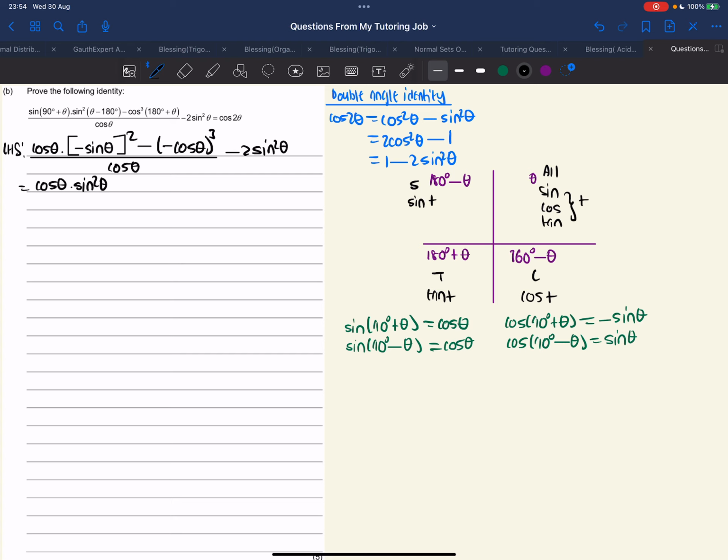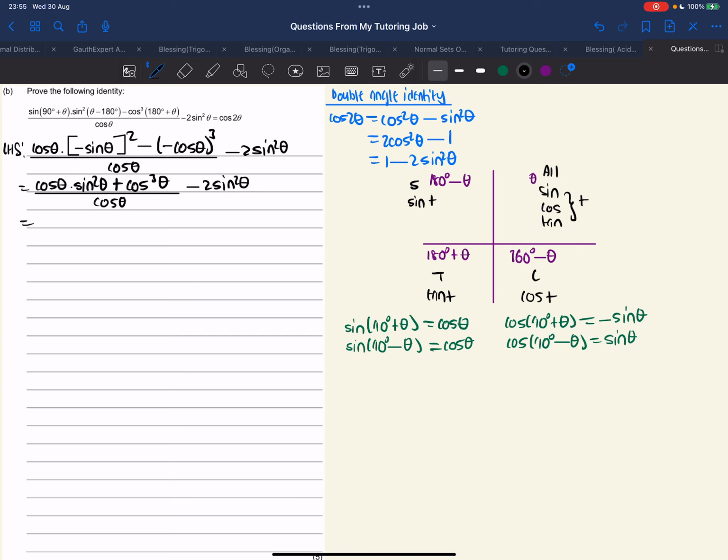And then that one is going to be just plus. Remember, it's a cube, so we're going to have a plus cos cubed theta. And that is all over cos of theta minus 2 sine squared theta.